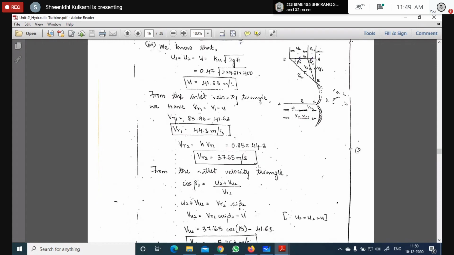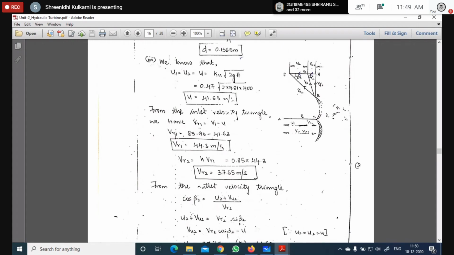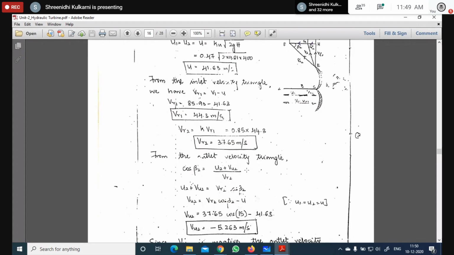From the outlet velocity triangle, cos beta 2 is adjacent by hypotenuse. Either you can use this side or this side. Adjacent is U2 plus VU2 divided by VR2. By using this, find out the VU2 value.